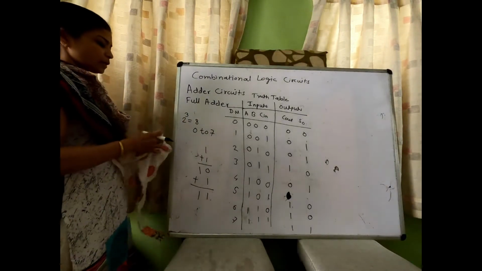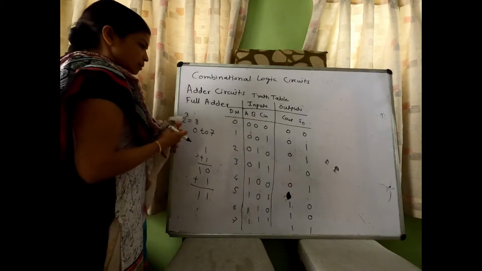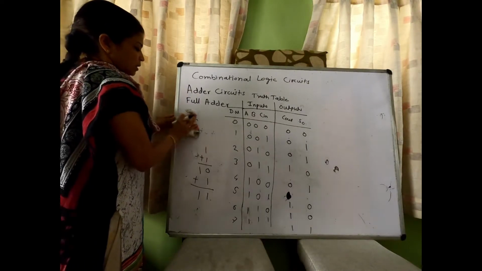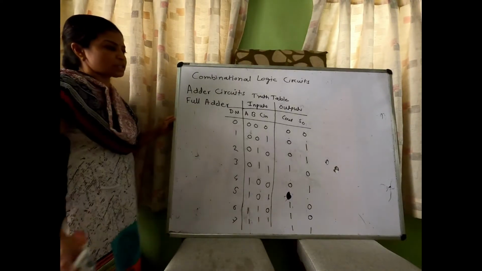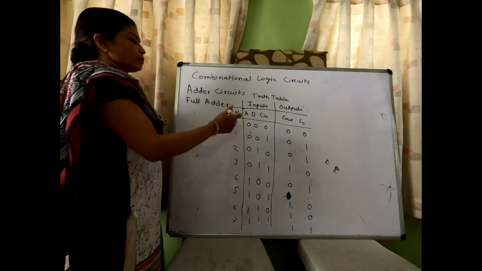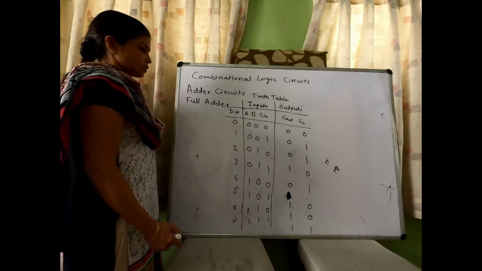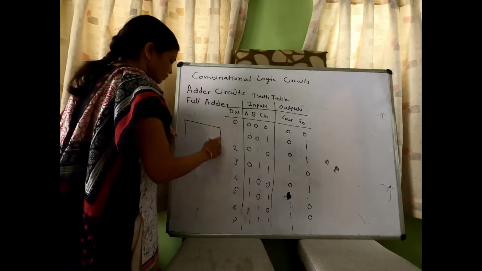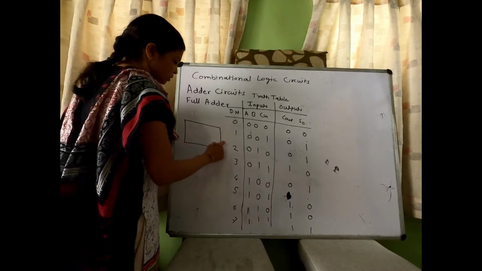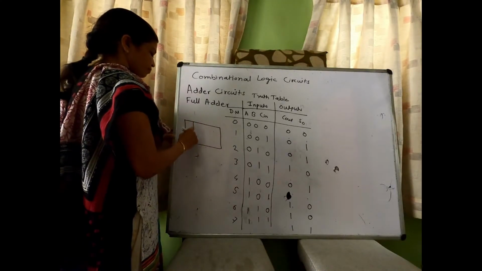As we have prepared the truth table, now we will find out the equations for the output variables C out and S0. Now here we have 3 input variables.